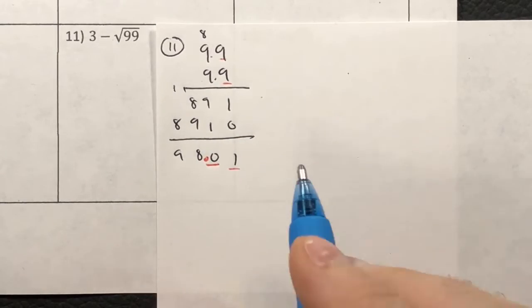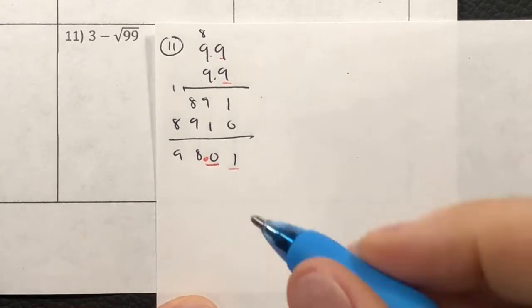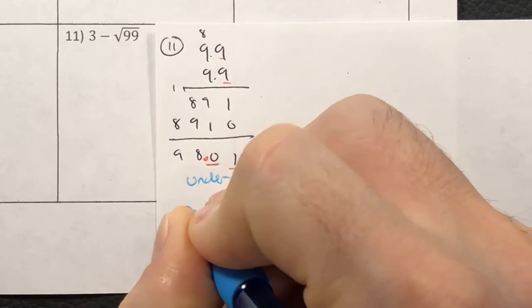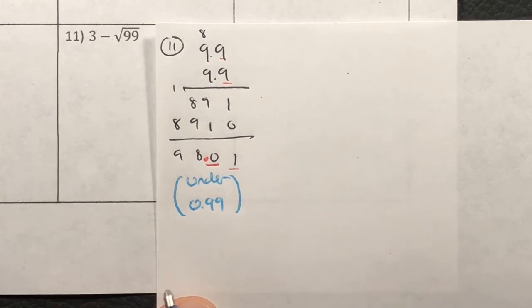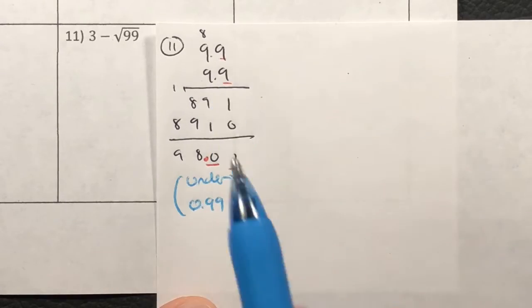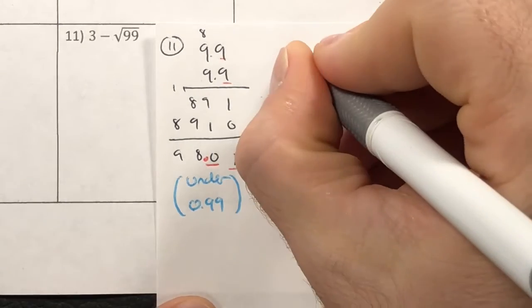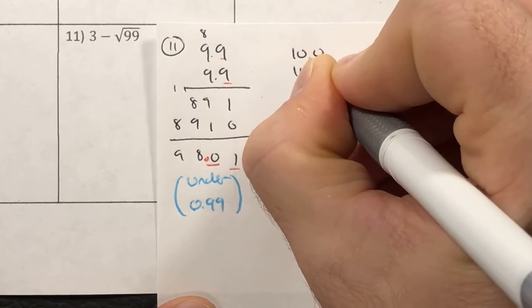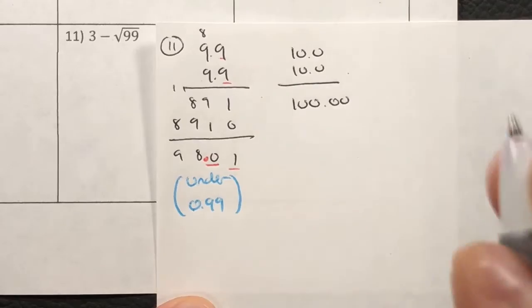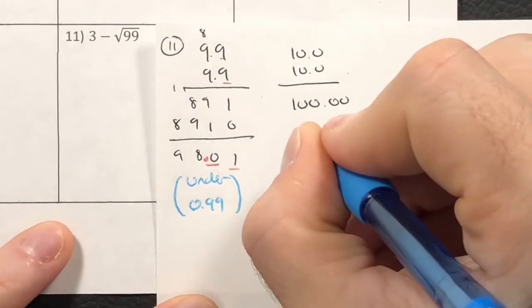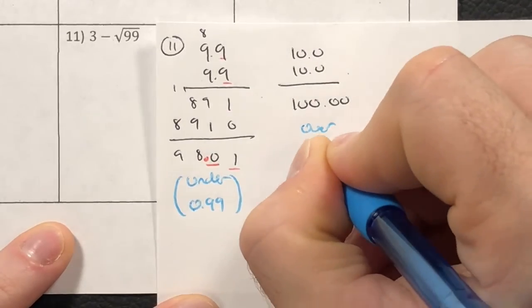Ooh, and I'm glad that we started at the top because I am still under. I'm under by 0.99. Okay. I know that I have to move up. There's no room to move up, so the next decimal place that I could move up is 10.0. And I know that if I square 10.0, I'm going to get 100.00, which means that I would be over by 1.